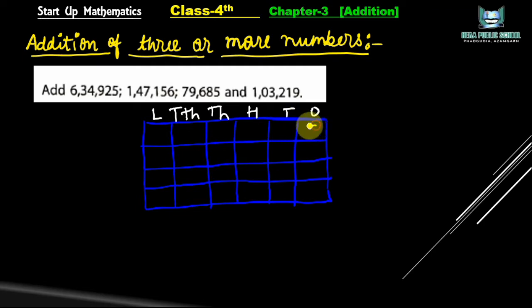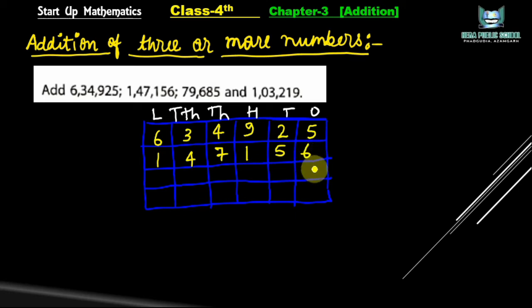So first we will write 5, 2, after that 9, 4, 3 and in last 6. The next number is 6, 5, 1, 7, 4 and 1 in last.